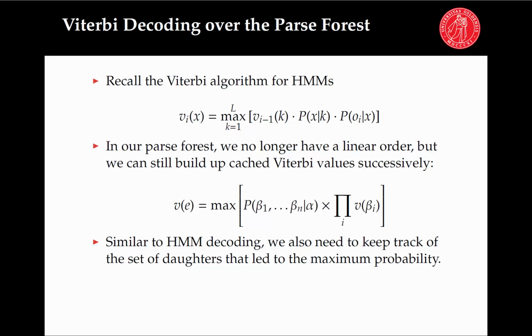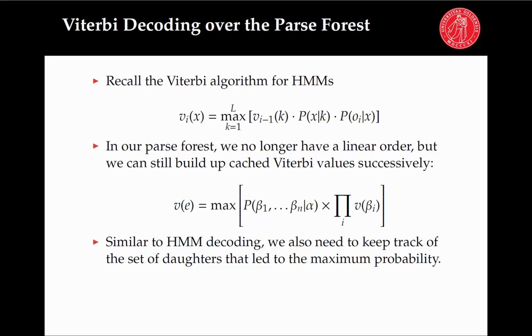In the parse forest, we no longer have a linear order. But given the explicit nature of the forest and the backpointers, we have complete structural information to work out the right succession or sequence of computations to play the very same trick.